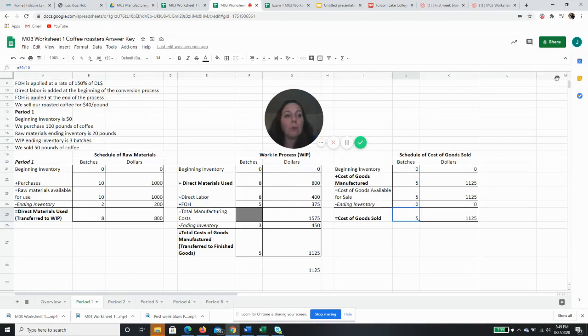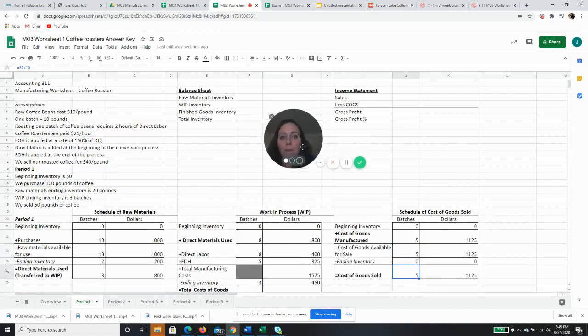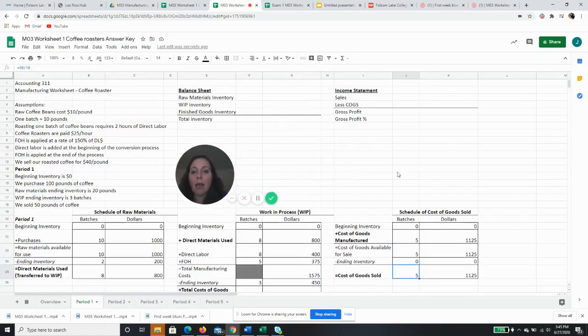All right. Before we leave period 1, we need to do our financial statements. So we're going to go up here. First, we want to calculate our total inventory. Remember, our total inventory at the end of the period is raw materials ending inventory plus WIP ending inventory plus finished goods ending inventory.